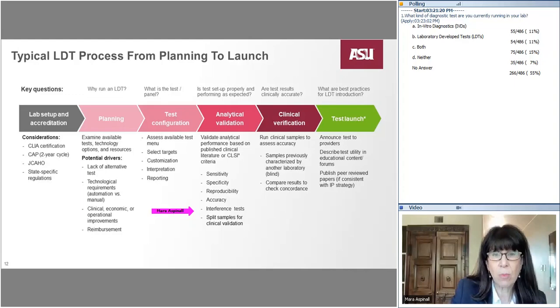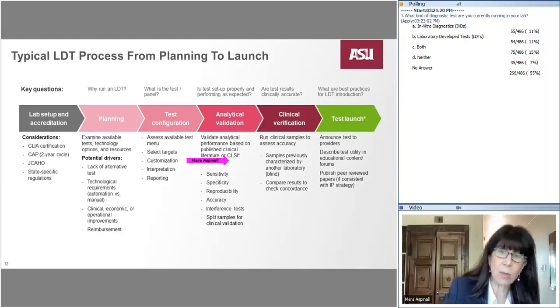You then move on to clinical verification. I get a lot of questions about this because in IVDs it's prescribed. In LDTs, it's important to work with CLSI and understand how many samples are necessary depending on the technology you use in your test. So that's a key piece of that.